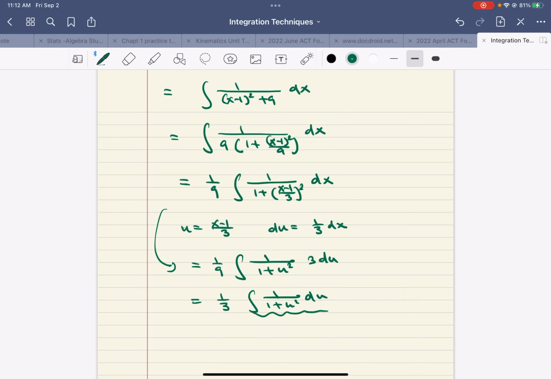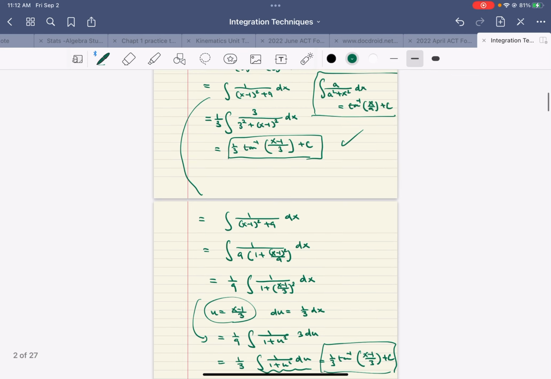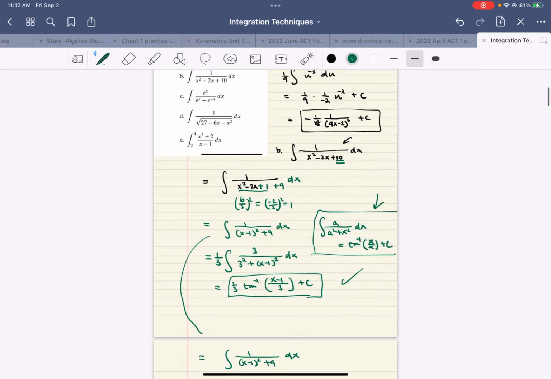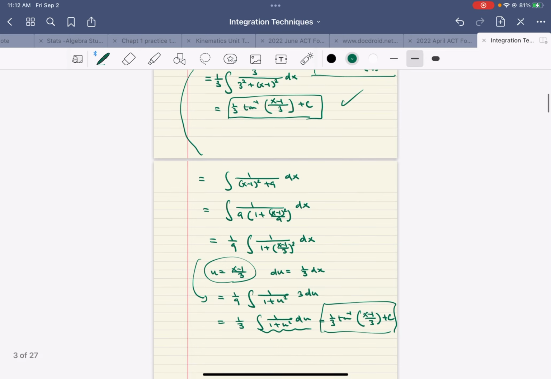So that is the inverse tangent. So 1/3 inverse tangent of u. So you can plug it in. u was x minus 1 over 3, plus c. So now you have this answer, and that answer is the same as this answer. Okay. So if you don't memorize this one, that's fine. You can just change the format and then you can get the same answer.